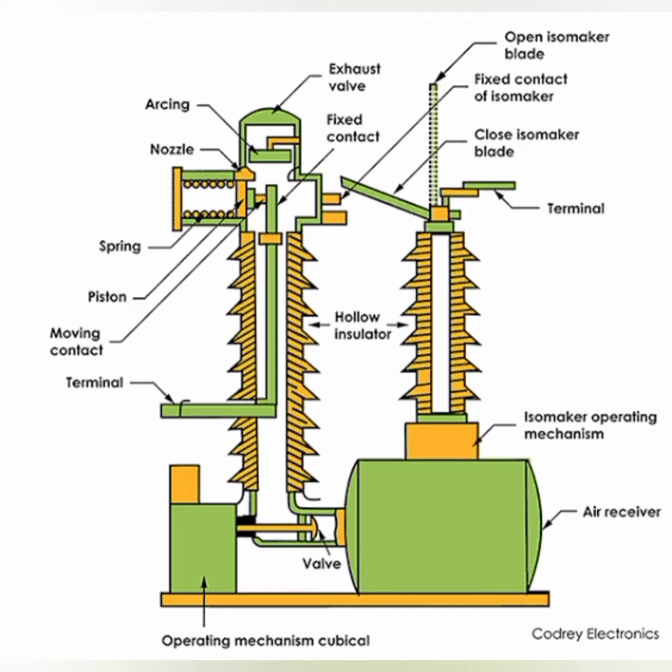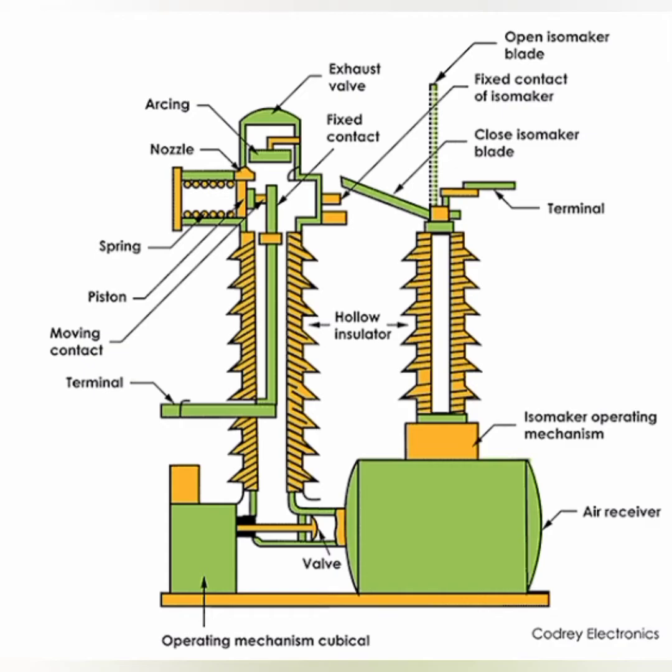As I said, internal, which means input and output terminals will be placed, and at the bottom the air receivers will be there. Fixed contacts and the movable contacts will be placed, and also the arcing contacts will be inside your fixed and the movable contacts.